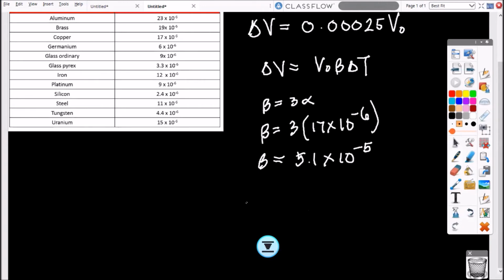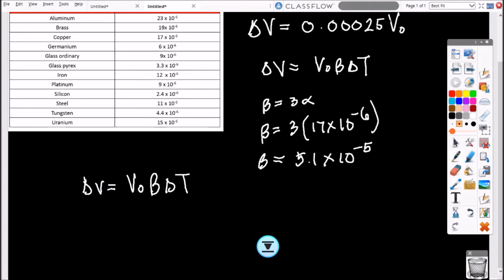What is asked here is the final temperature. So at what temperature the volume of the copper cylinder is 0.25% larger than when it is at initial volume. Then we have delta V is equal to initial volume times beta delta T. Right. What's the change of volume here?